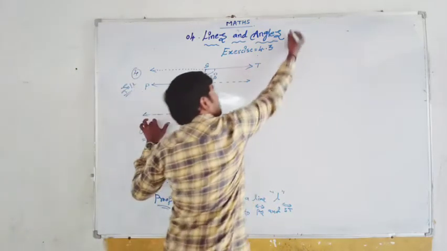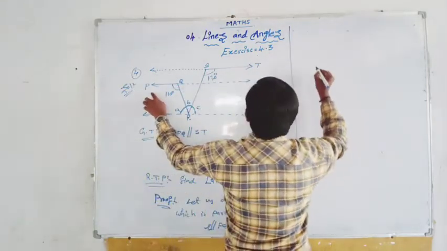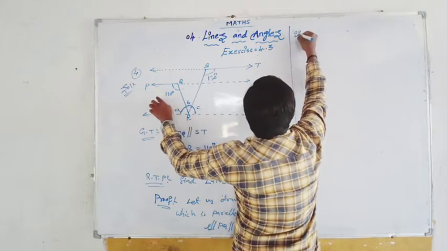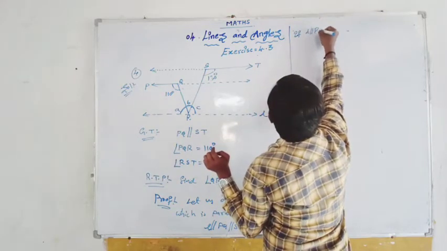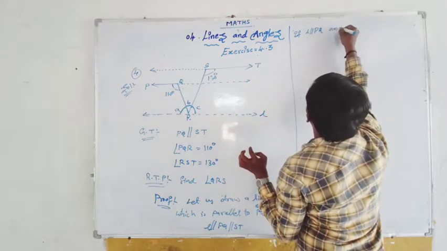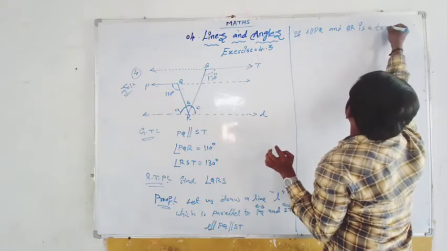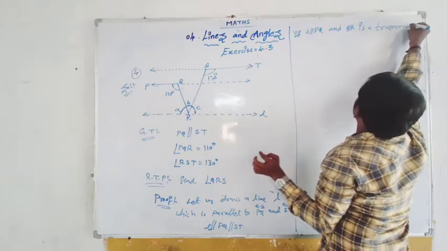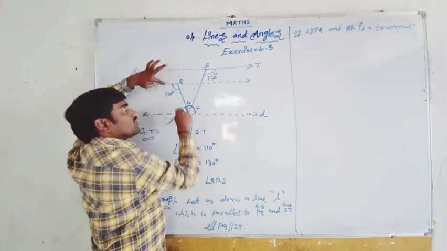If PQ is parallel to L, and QR is a transversal, here QR is intersecting these two parallel lines. So QR is a transversal.